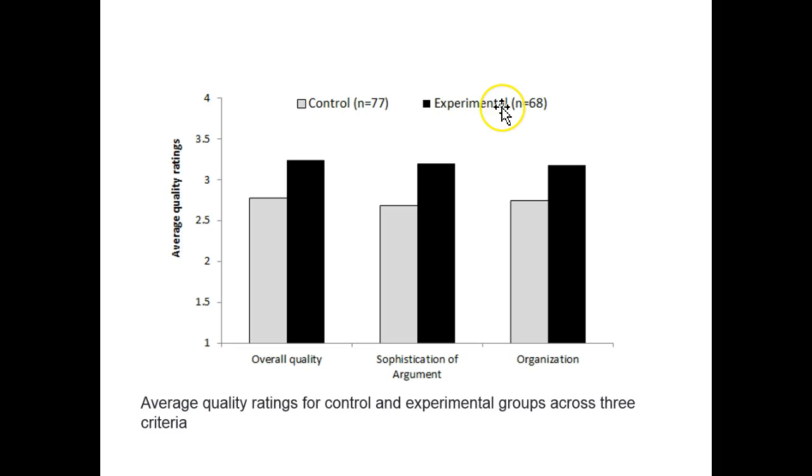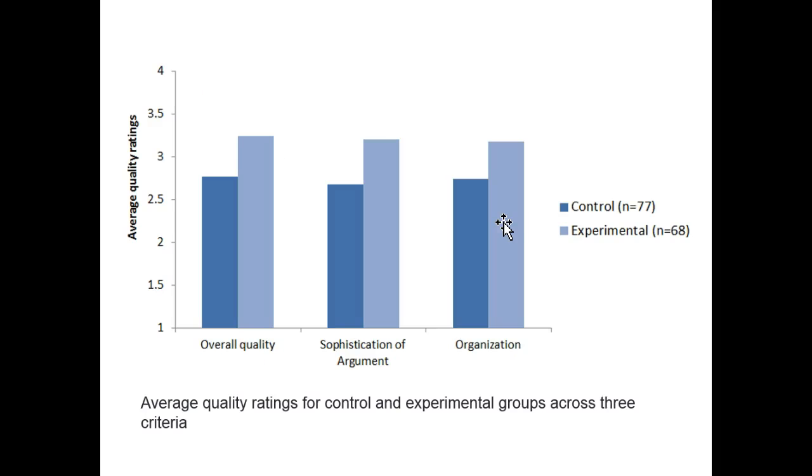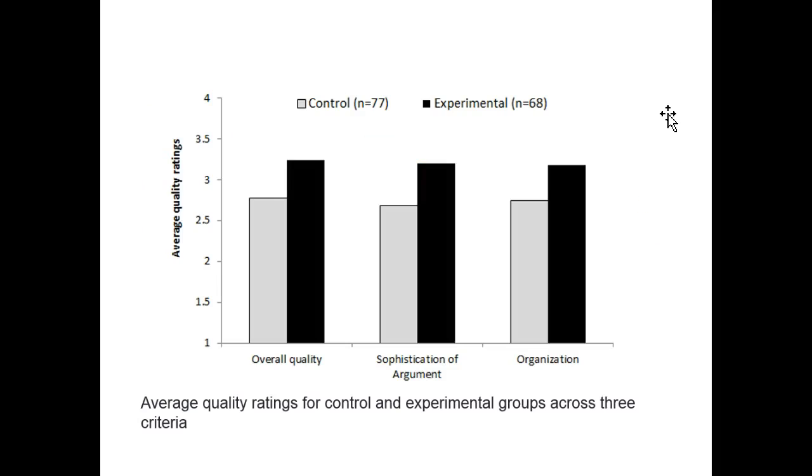I have put experimental, all right, this is the pedagogy that I want to advocate here, in a darker color in this one so it jumps out. And now we see the story just a little bit better: that experimental is consistently higher than control. Makes for a clearer story than this one.